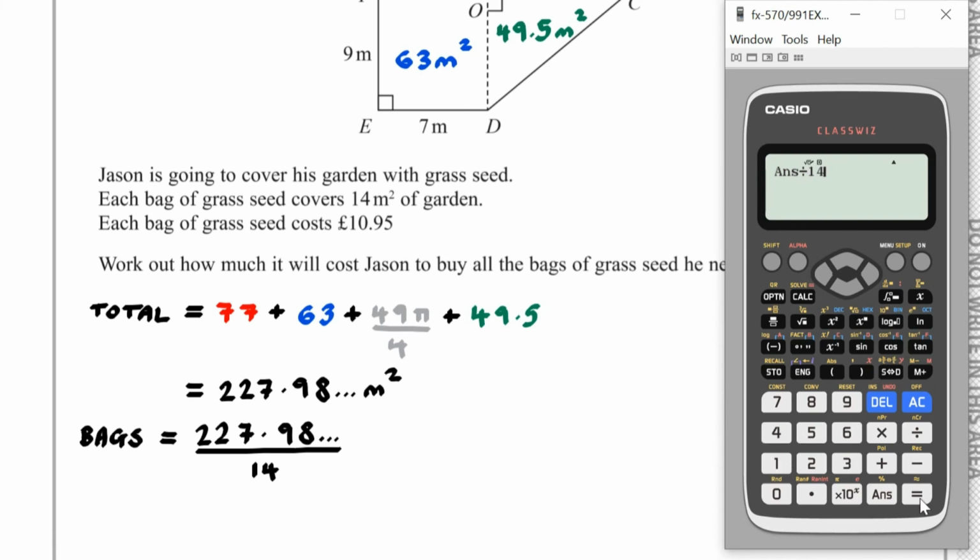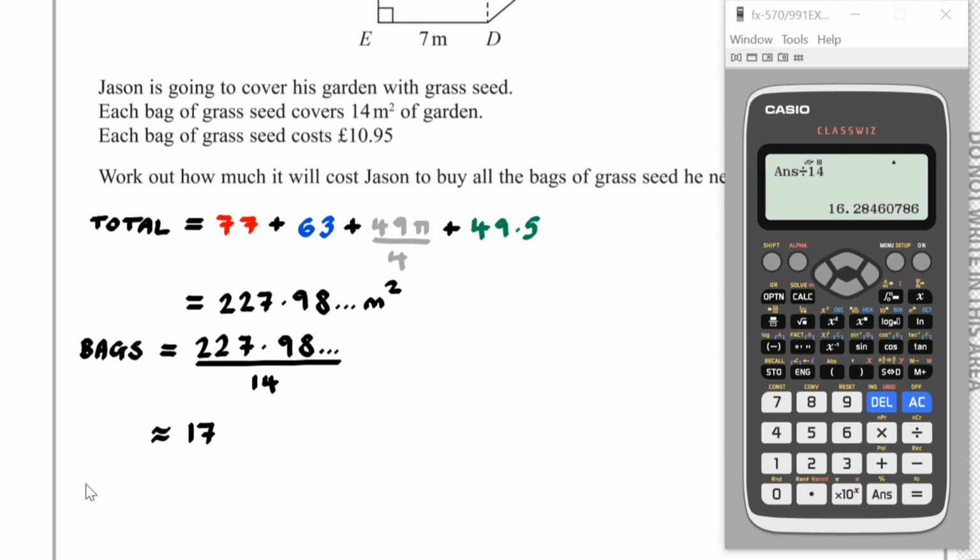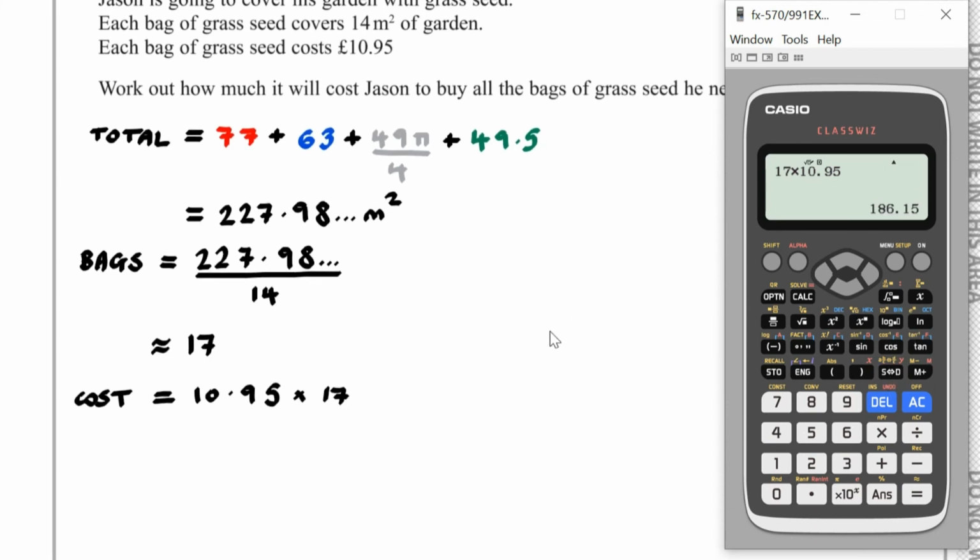So if I divide this amount by 14, we get 17 bags. So to find out the cost, we need to do 10.95 times by 17, which is 186.15. So we have 186 pounds 15 pence.